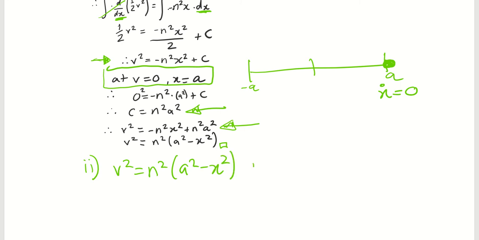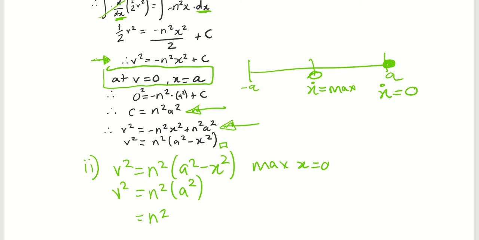We know there is a maximum when x equals 0, because the maximum velocity occurs at 0. So all we're going to do now is substitute that in. And I can just leave it at that. So I can write that as just n squared a squared, and that's what v squared is. So v is just na.